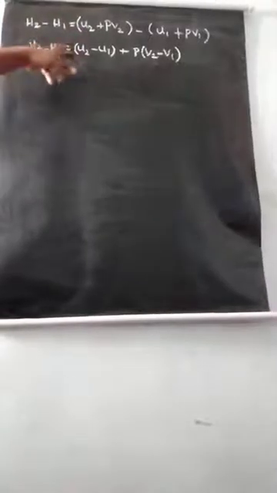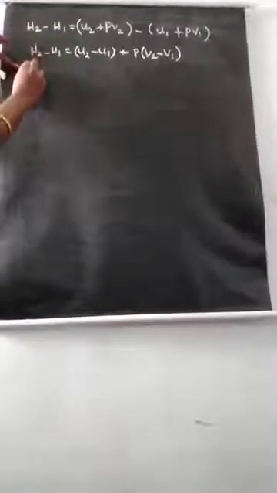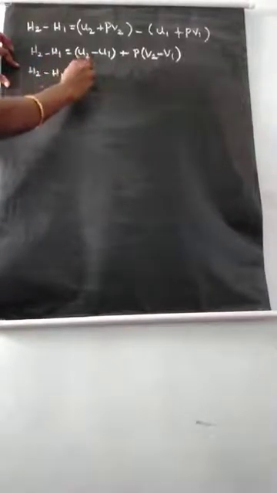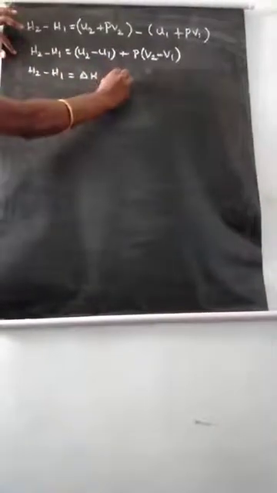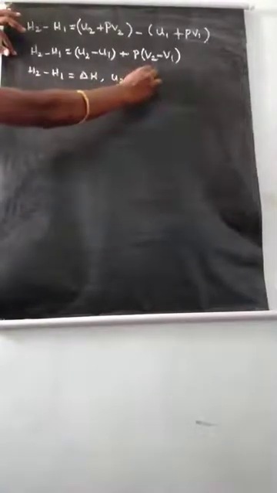H2 minus H1 means delta H, U2 minus U1 means delta U, and V2 minus V1 means delta V.